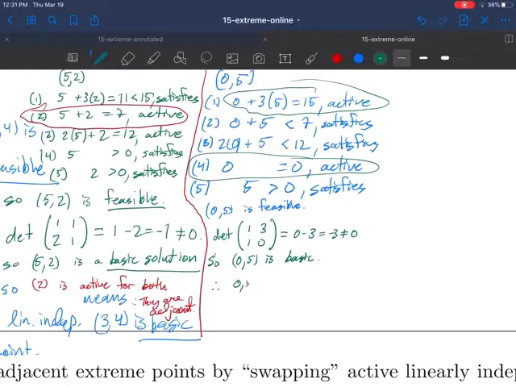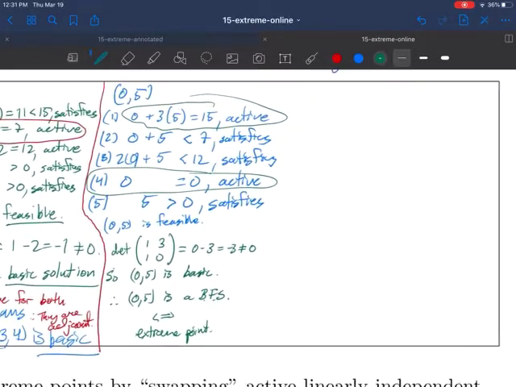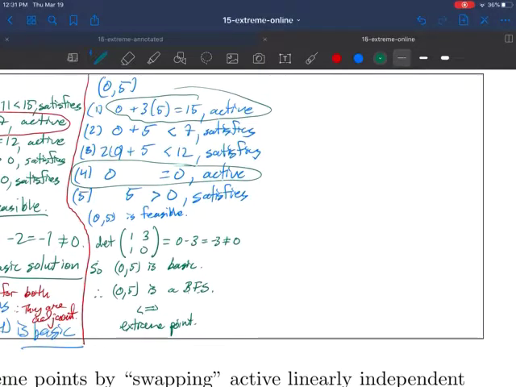Thus (0, 5) is a basic feasible solution, BFS for short. In other words, an extreme point. So I am working with an extreme point, which of course is clear from the picture, but it's good to know. I'll repeat the same idea with (6, 0).